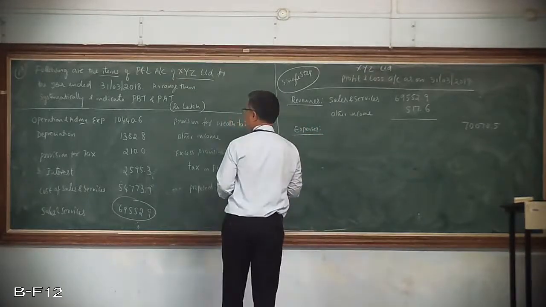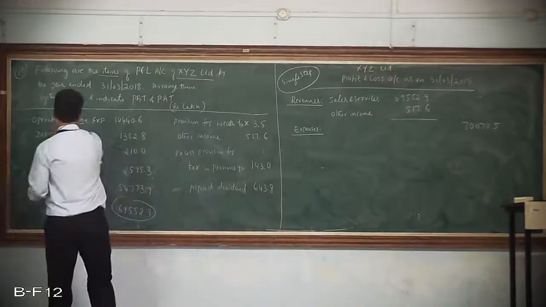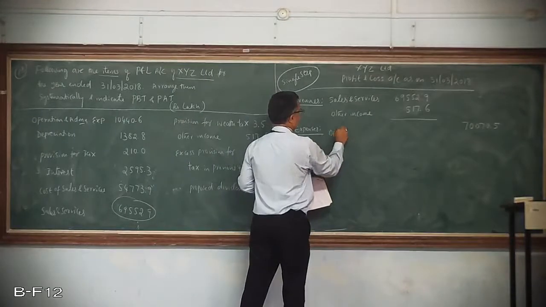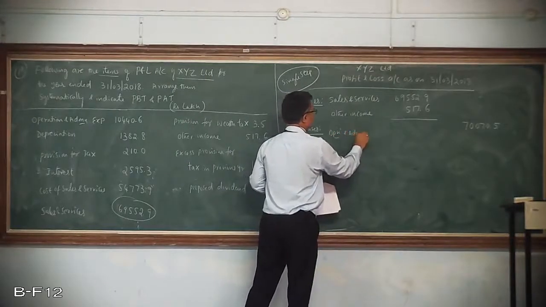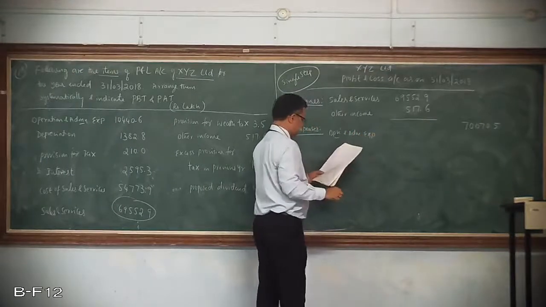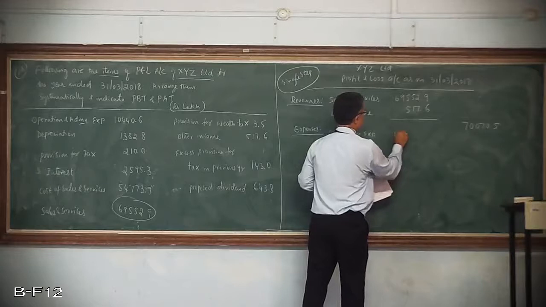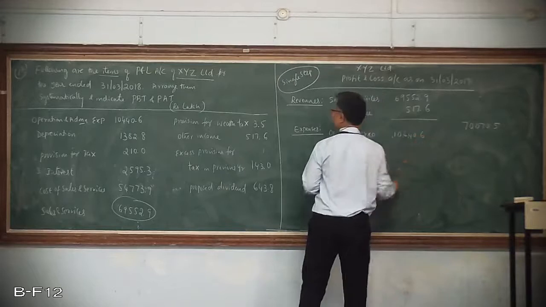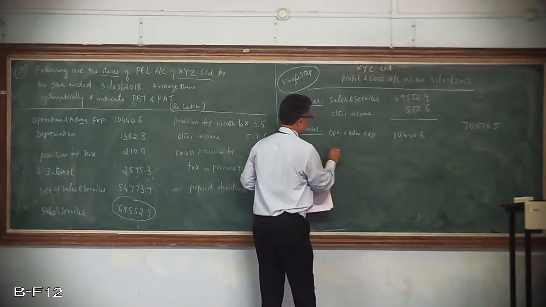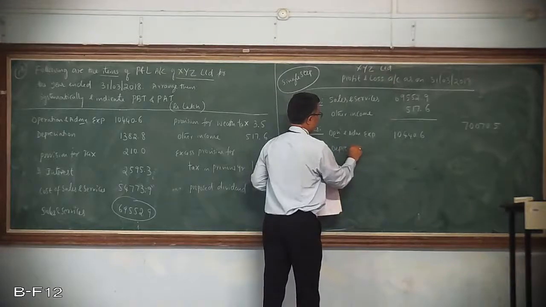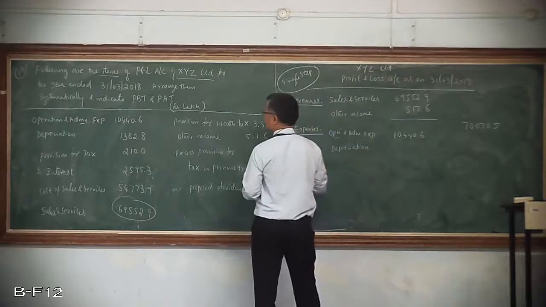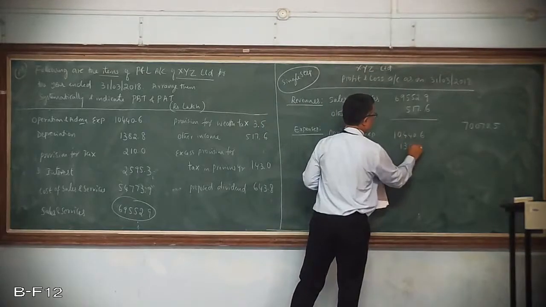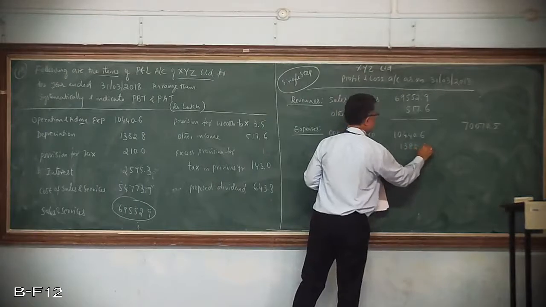Next are expenses. Operation and administrative expenses, how much? 10,440.6 lakhs. Next, depreciation expenses, 1382.8.